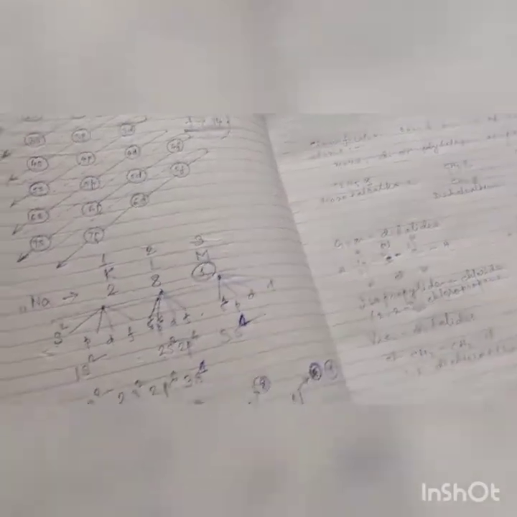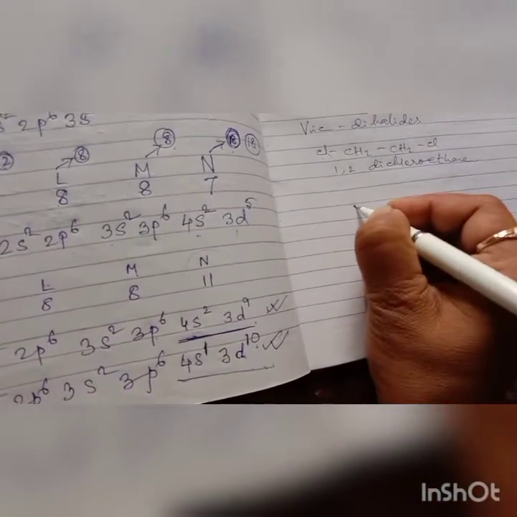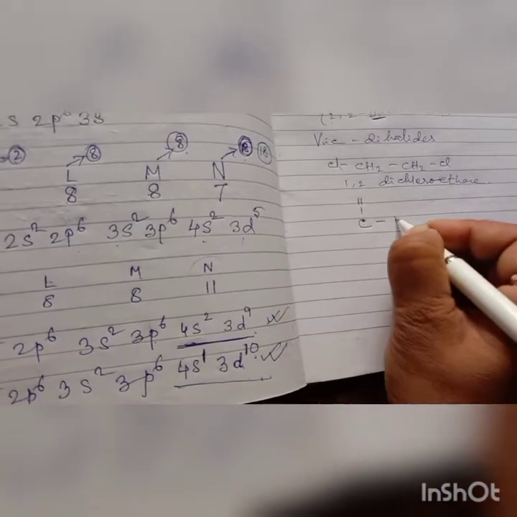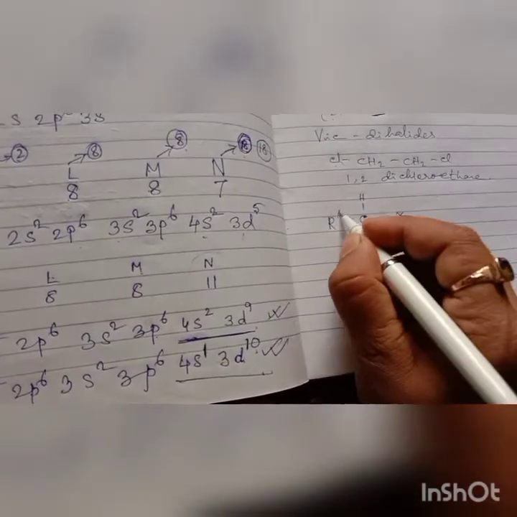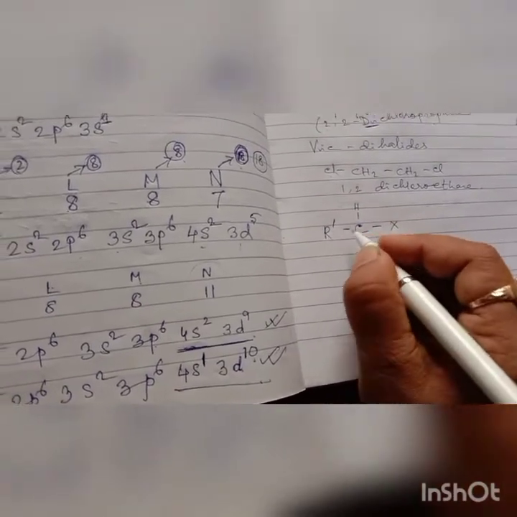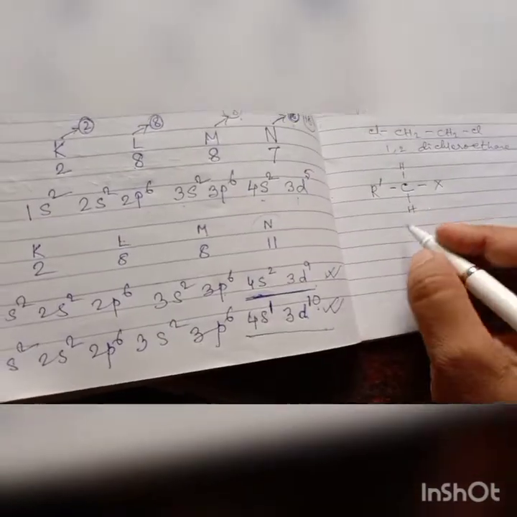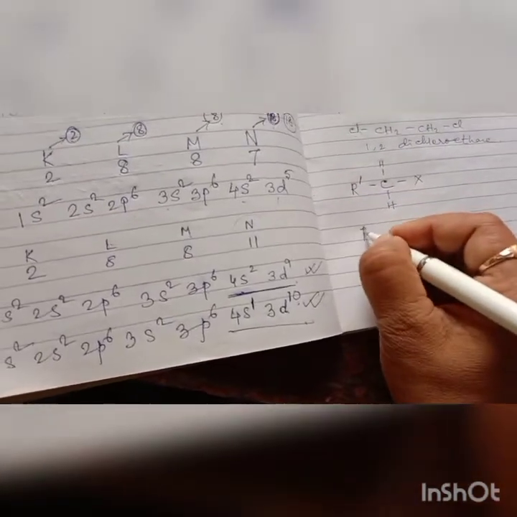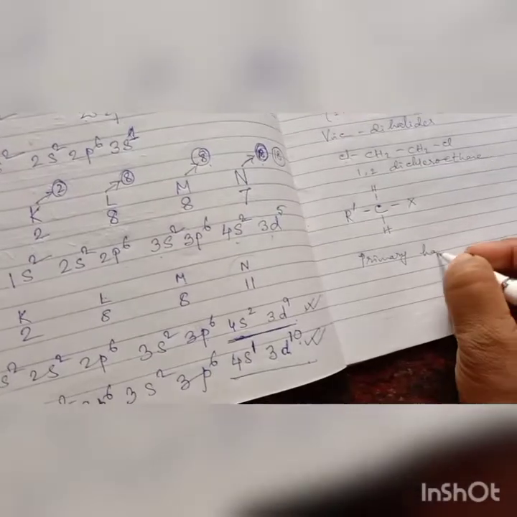Haloalkanes or alkyl halides, for example, CH2 with halogen X; here another alkyl group, that is, we write R' and H. This is called primary haloalkane.